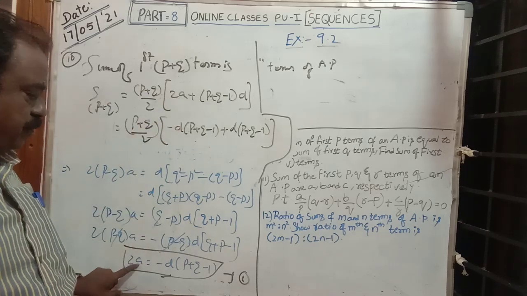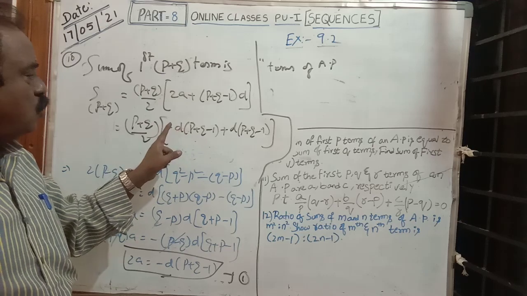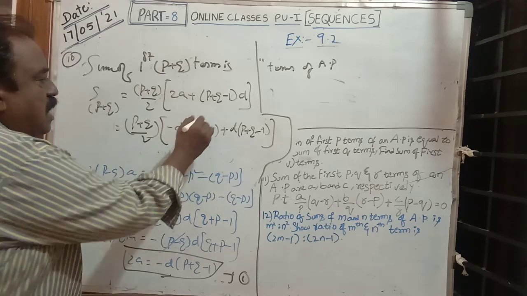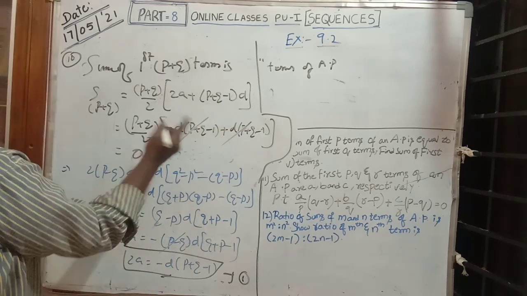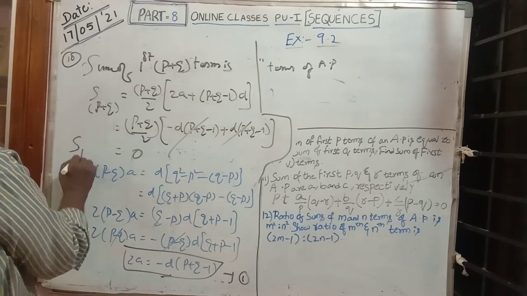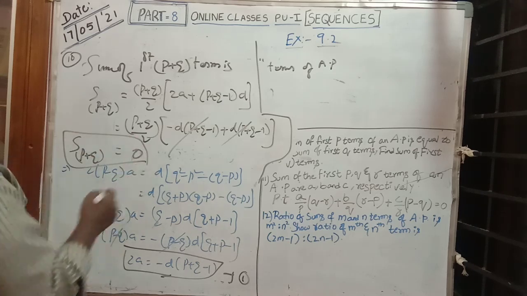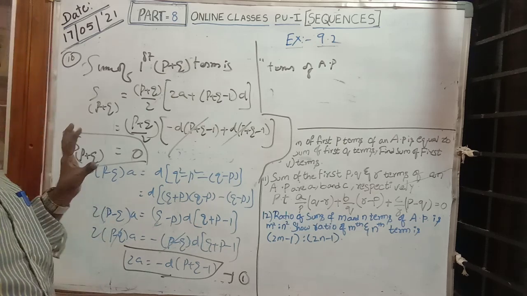So here both terms are the same, but one is minus and one is plus. It cancels, and the total is 0. Anything times 0 is 0. So the sum of the first p plus q terms is 0.